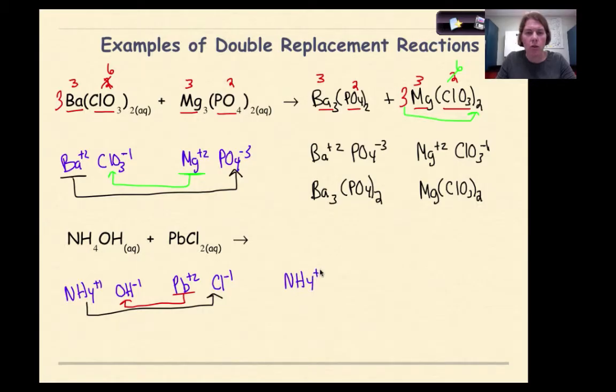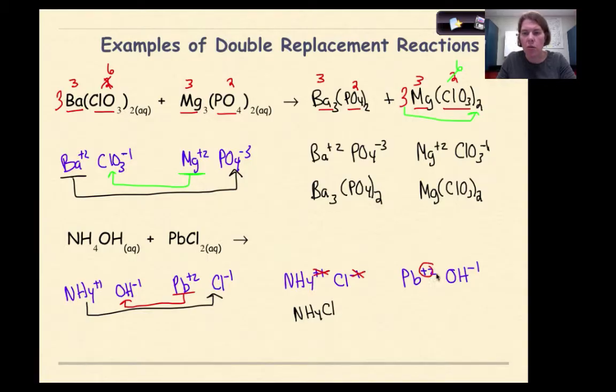NH4 plus 1, and I'm going to put that with the Cl minus 1, and then the Pb plus 2 and the OH minus 1. I'm going to cross these down, but plus 1 minus 1, those two just cancel out. That means I'm just going to rewrite it to NH4Cl, so that'll be my first product. And now I'm going to look at the Pb.